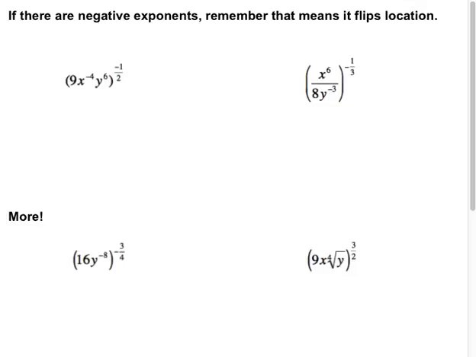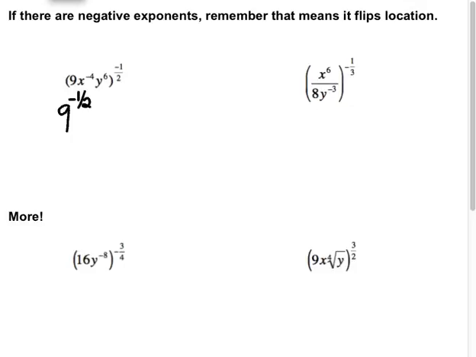So we're going to start with that 9. So with the 9, when it takes on that negative 1/2 power, for now, I'm just going to leave that alone, okay? We're going to talk about what that is going to do when the 9 takes on that negative exponent. X to the negative 4 to the negative 1/2 power.